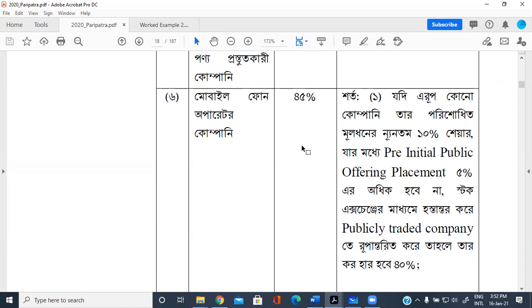Market capitalization is different, but you see that Robi has issued, I can't right now recall the percentage, but that percentage is close to 10%. They have issued only 10% of their paid up capital in the market, and for that issue they have become the number one company in terms of capital in the market.